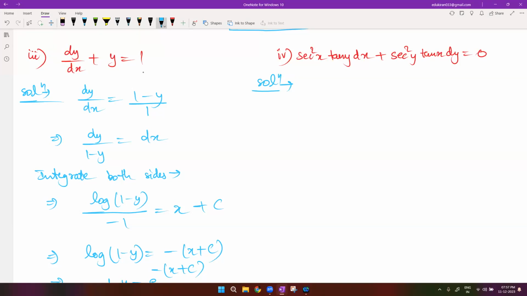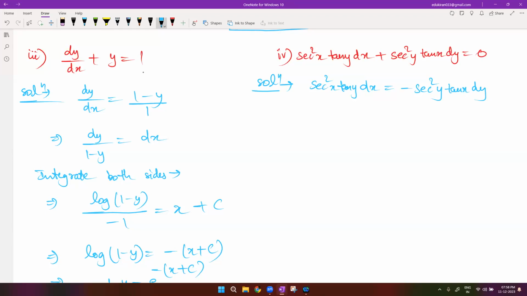So I'm writing this as sec square x tan y dx is equal to minus sec square y tan x dy. Now let's consider the terms with which we have a problem. In the first term, we have a problem with tan y. Sec square x dx is cool, but we don't need tan y on this side.